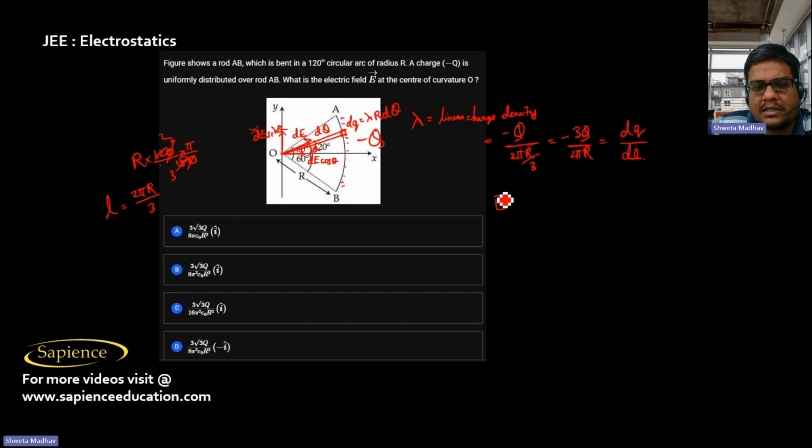So therefore the net electric field will be the integral of dE cos theta, along i cap, obviously.